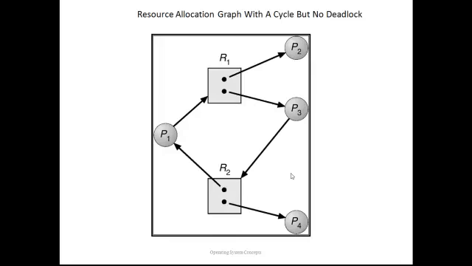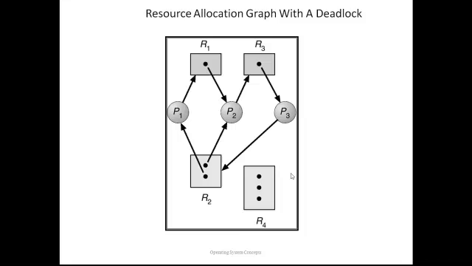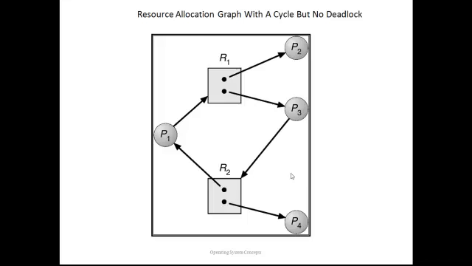Now from this graph, we have a cycle and we have a deadlock. But if a cycle is present, deadlock may not be present. We will have an example here.